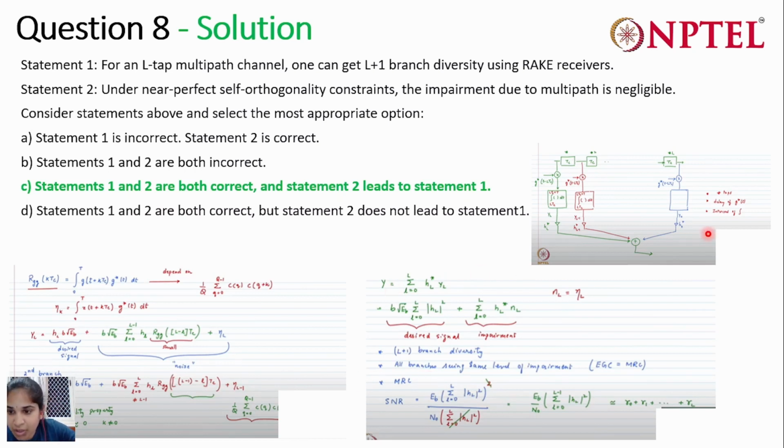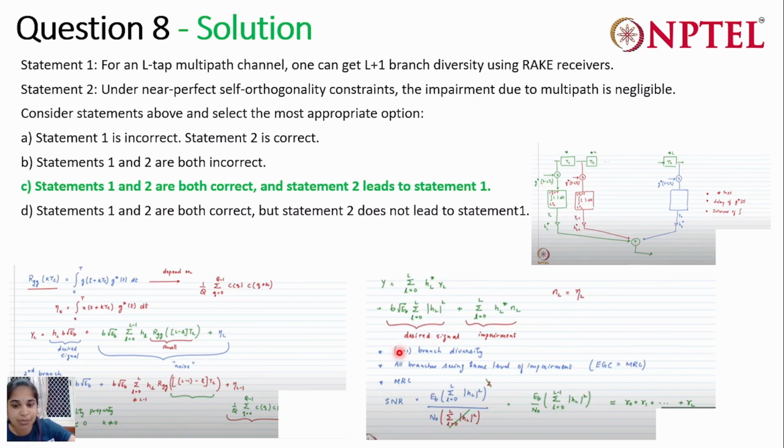Now, our y is the summation of the signals from all these branches. So it is the summation over L equal to 0 to L of HL star YL. The desired signal is b root EB summation L equal to 0 to L of mod of HL square.